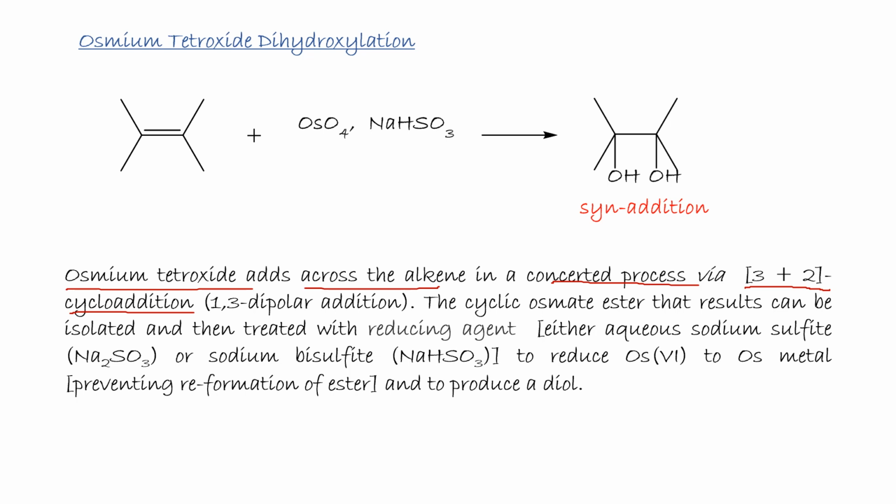The cyclic osmate ester that results can be isolated and then treated with a reducing agent like sodium sulfite or sodium bisulfite to reduce osmium(VI) to osmium metal, preventing reforming of the ester and to produce a diol.